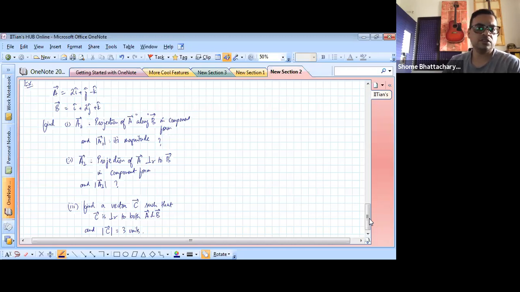Okay, Aditya Vikram Singh, your first part answer is correct. But remember, in the first part, actually, I've asked E parallel as a vector quantity first.